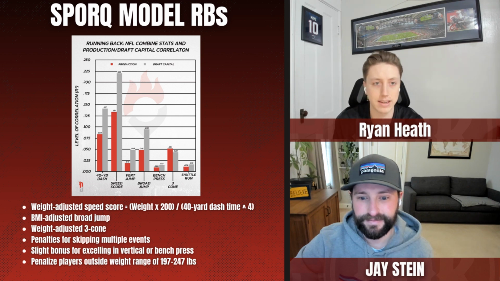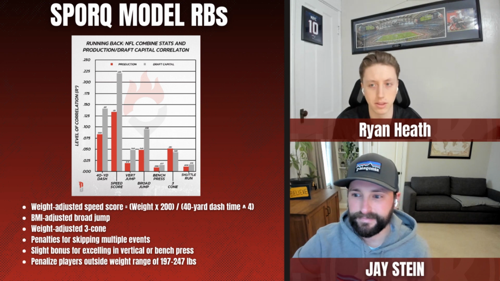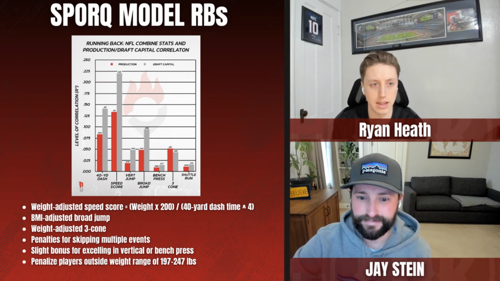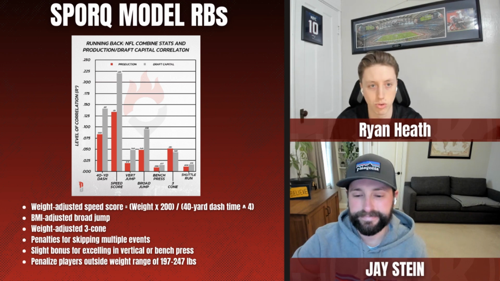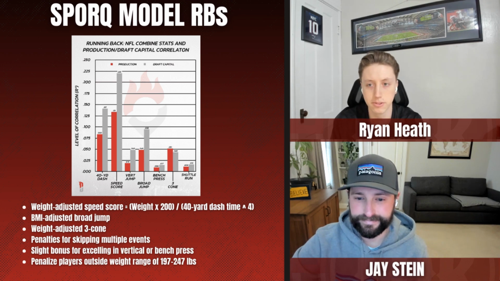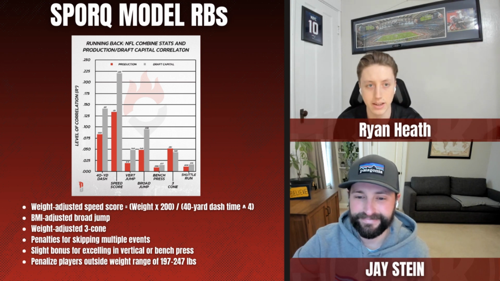After that, it comes to a lot of smaller manual adjustments, where I was finding that if a player really excelled in something like the vertical or the bench press, it did seem to at least moderately improve their production outcomes. So I give small bonuses for that, making sure that all my best players are within a productive weight range for the NFL.